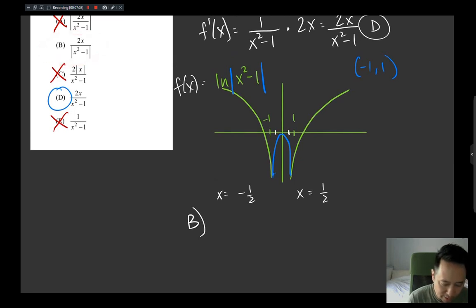If I input -1, I get a -1 on top, and I get some positive value on the bottom, because it's absolute value. That means I'm going to get a total negative slope at -1/2, which is not true, because my slope at -1 has to be positive. So just in that first choice right away, I know it's not going to be B.